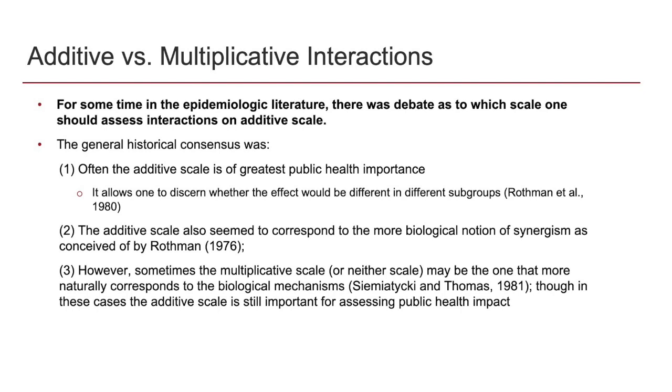However, sometimes the multiplicative scale may be better, or neither scale may be the one that naturally corresponds to biological mechanism. So one has to base their decision on the biological understanding of the etiology that you're trying to study, but also on what is the important metric for assessing public health impact.